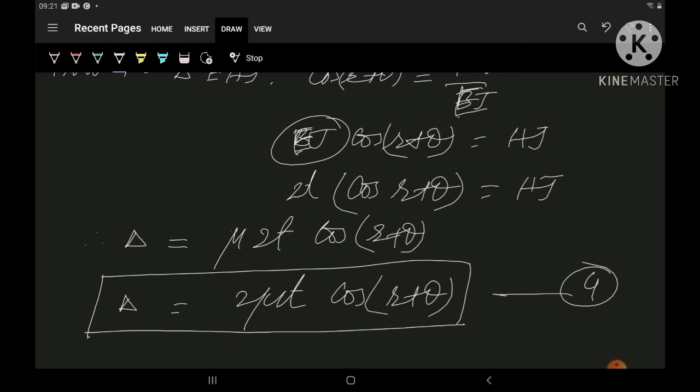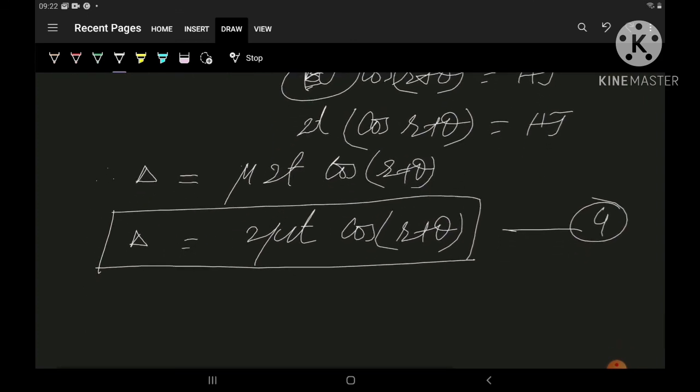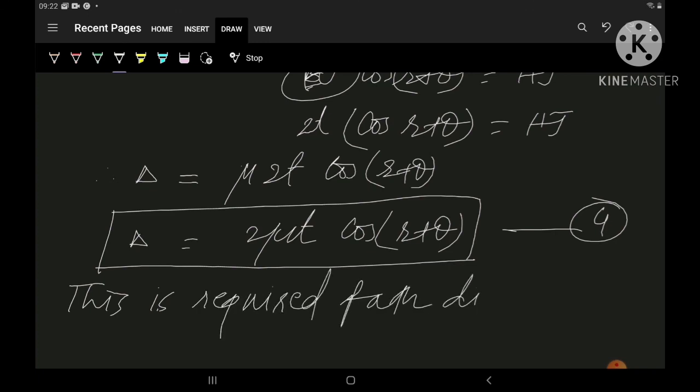This is the required path difference between light rays BC and EF in the reflected part in case of a wedge shaped film.